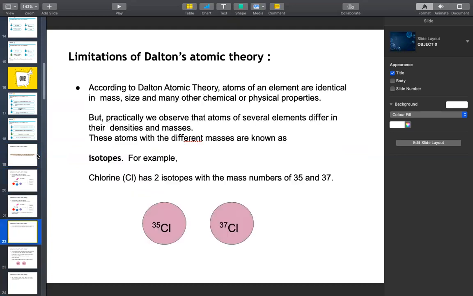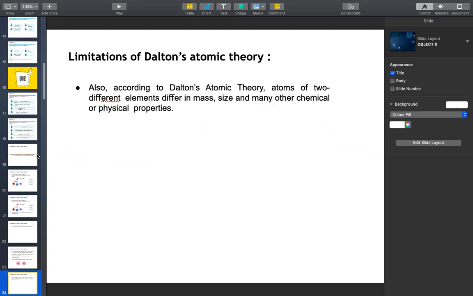Now, next is: you must have written that atoms of the same element could be different as they can exist in isotopic form. He said that two different elements differ in their mass and many other physical properties. Is it true that all different elements have different mass?